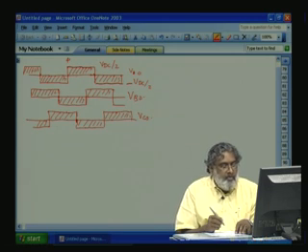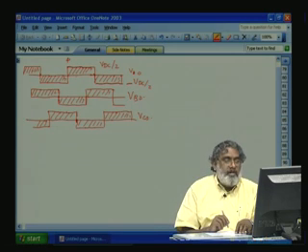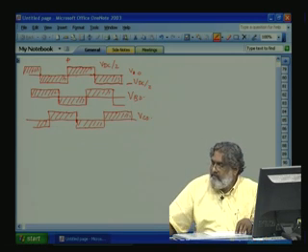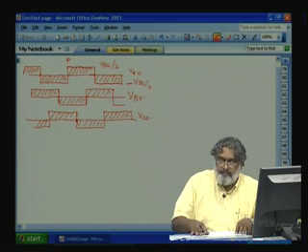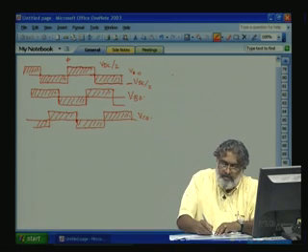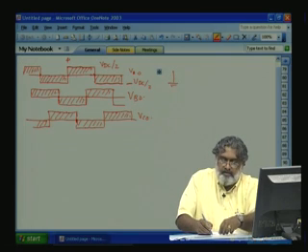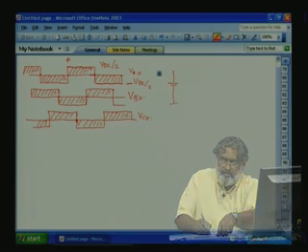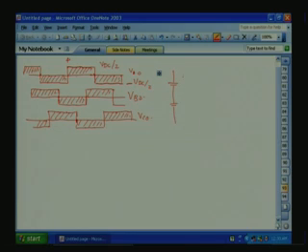Now, for the inverter, let us draw the inverter here. You are assuming bidirectional switches.